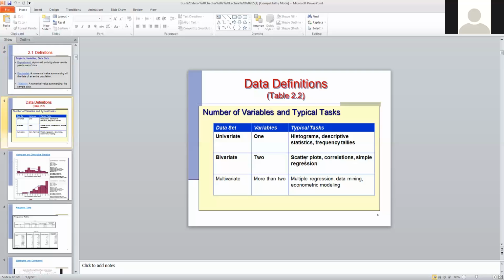I'll show you what these are in a second. And then when we have two variables, we're going to do some things like scatter plots, simple regression analysis, and correlation analysis. We're not going to get into multivariate more than two in this course.